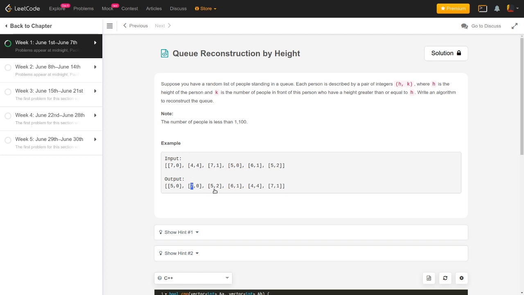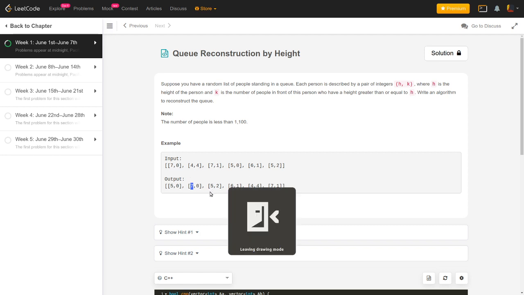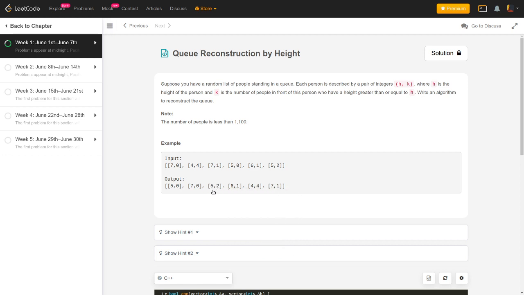What about this 5 comma 2? How many people in front of this person with the height of 5 have a height greater than or equal to 5? If you see, 5 comma 0 is there, 7 comma 0 is there. Both of these persons have a height greater than or equal to 5. So that is why we have this pair 5 comma 2 at this particular index.